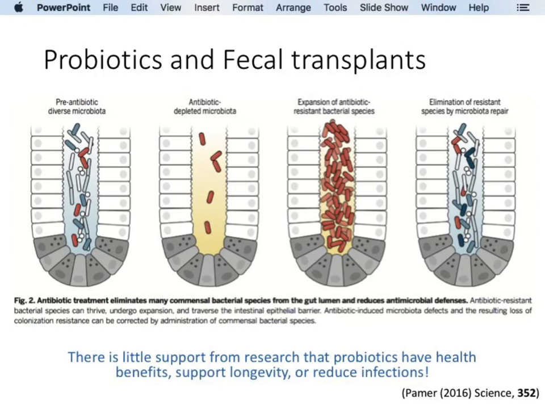Okay, and how do we do that with C. diff? And one answer is we treat with antibiotics. But if you're treating with a broad spectrum antibiotic like vancomycin, we're already at this step here. Let's assume this is a colon filled with C. diff. If you treat with a broad spectrum antibiotic, that's going to kill off the C. diff, but what else?